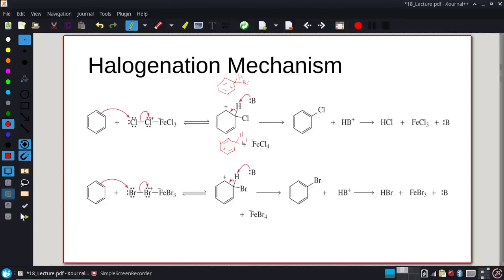But those three resonance structures give some stability to this until the base comes in and pulls off that H, leaves us with the Cl. Okay.